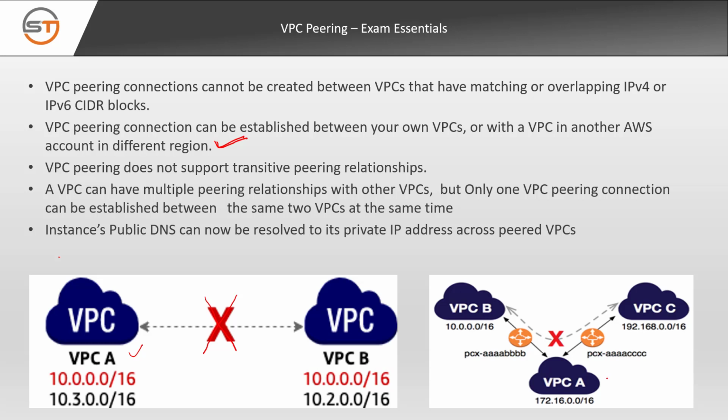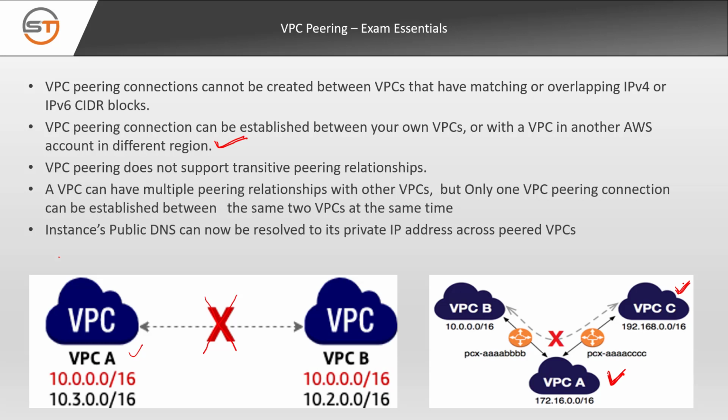So VPC-A and VPC-C are peered together. VPC-A can reside in the same AWS account as VPC-C, or they can be in different AWS accounts. At the same time, VPC-A and VPC-C can be in the same region or different regions. We can establish a peering connection between them.